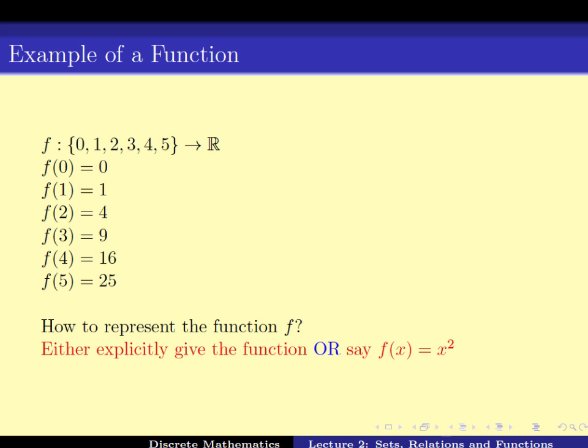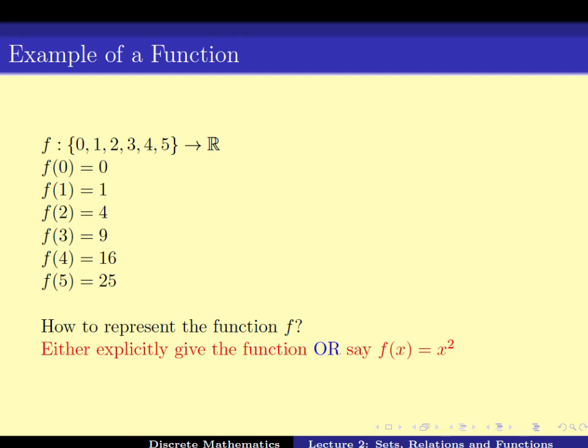Or you can come up with some pretty clever way of defining it. For example, here I could have just told you f of X is x squared. So you can either explicitly give the function or implicitly give a nice equation for the function.